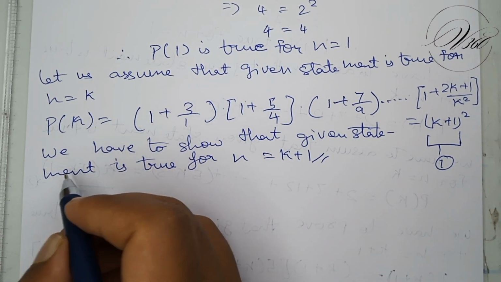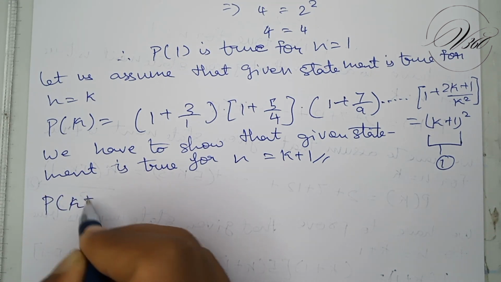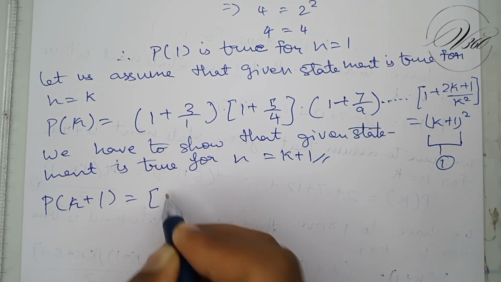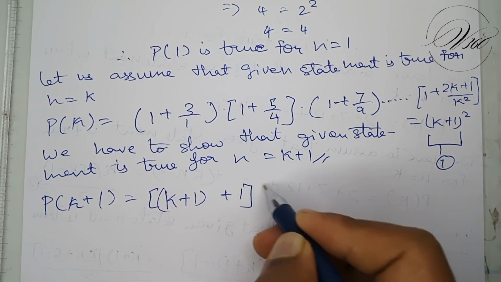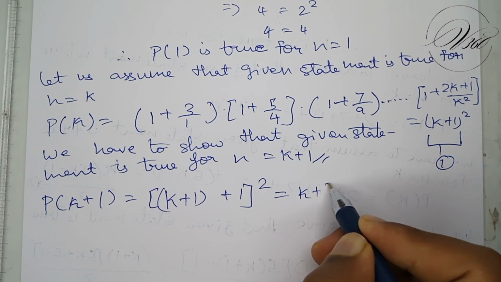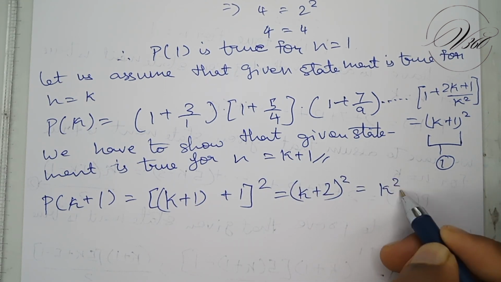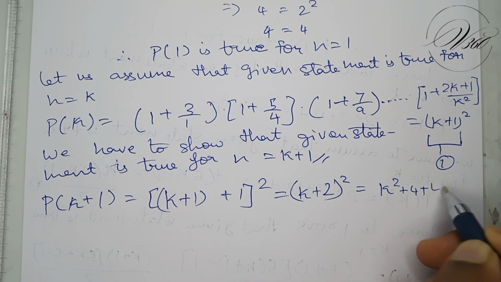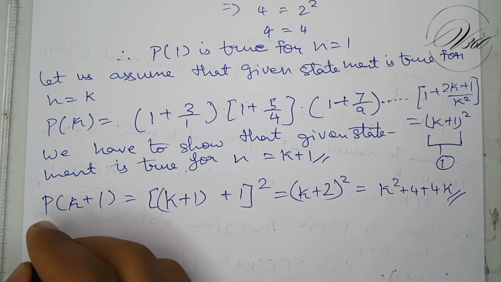Now we'll write here P(k plus 1) is equal to (k plus 1) whole square, which is equal to (k plus 2) whole square, which is equal to k square plus 4 plus 4k.